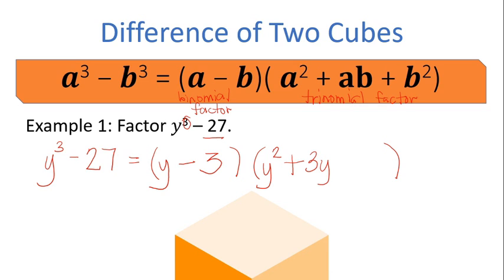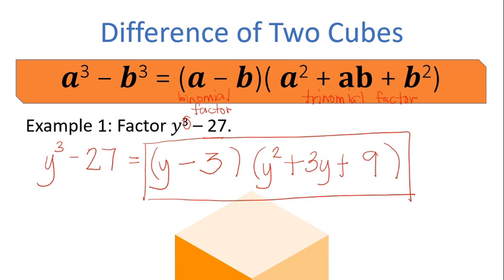Always remember that the last term in the trinomial factor is always positive. And then square the last term of the binomial factor, which is 3. That is 3 squared. The answer is 9. The factor of y cubed minus 27 is the quantity of y minus 3 times the quantity of y squared plus 3y plus 9.